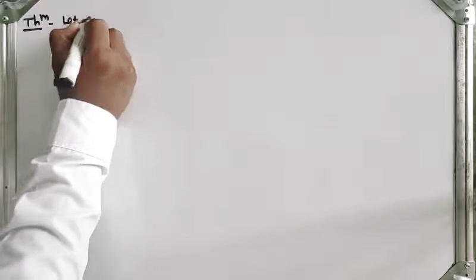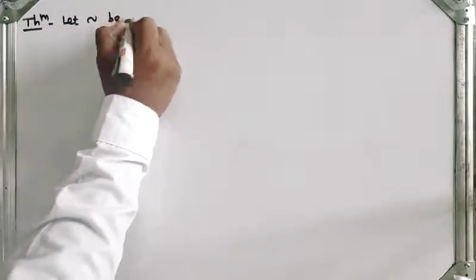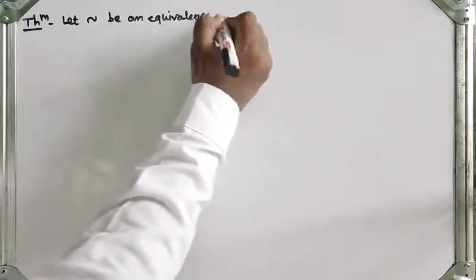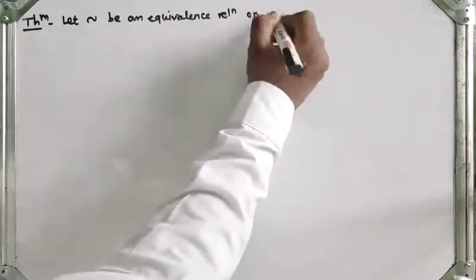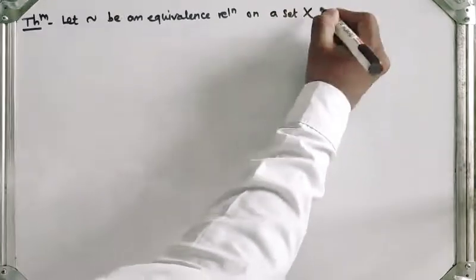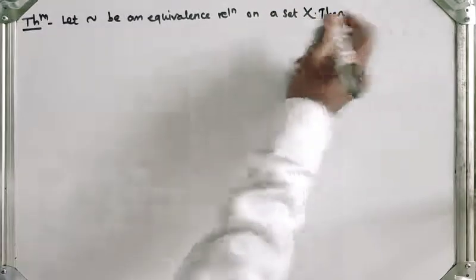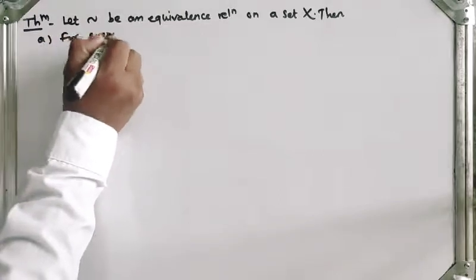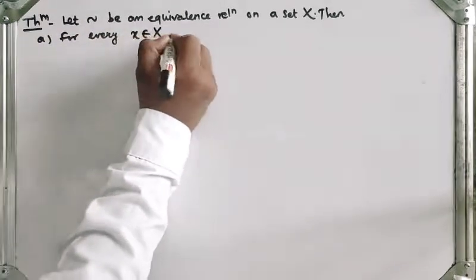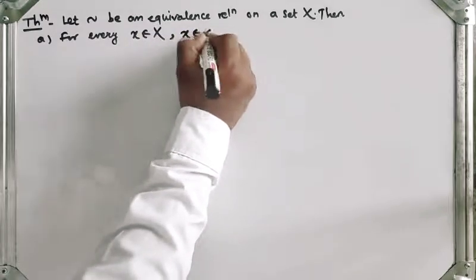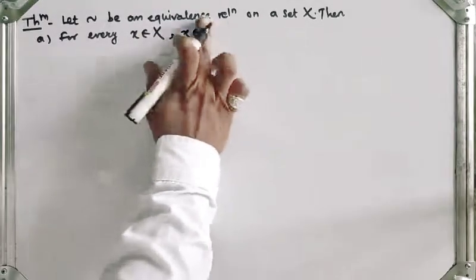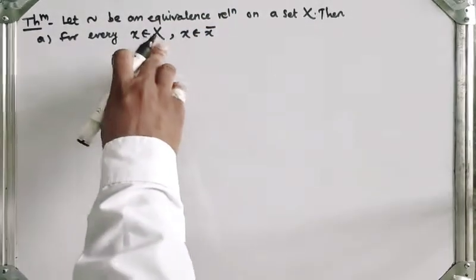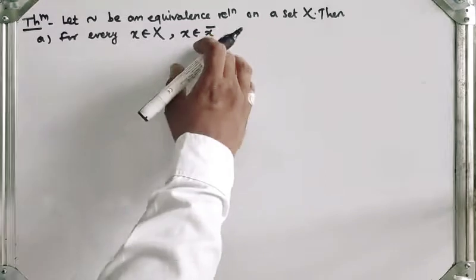Let tilde be an equivalence relation on a set X. Then, first, for every x belongs to set X, x belongs to the equivalence class of x.